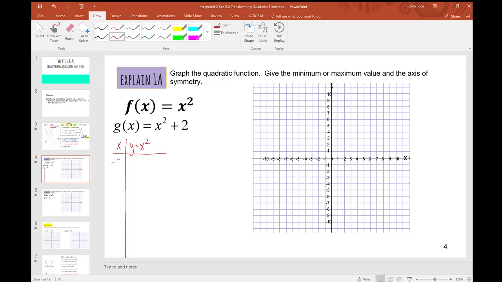And I'm using -2, -1, 0, 1, 2 because my a value is 1 and it's not a fraction. When x equals -2, I'll get y equals -2 squared, and -2 squared is 4. So my first point is at -2, 4.